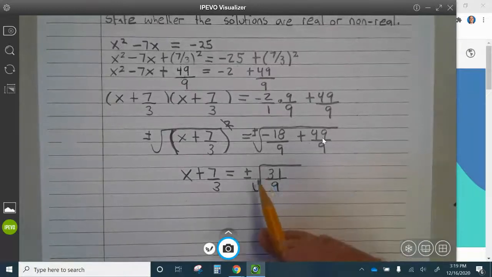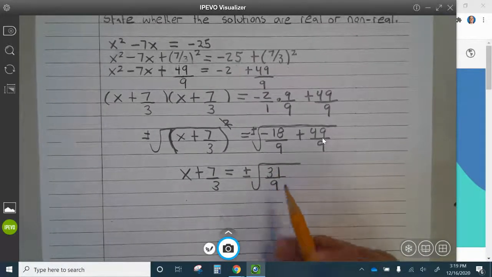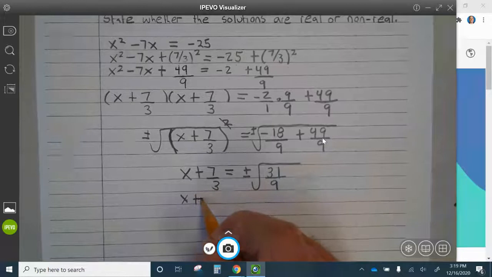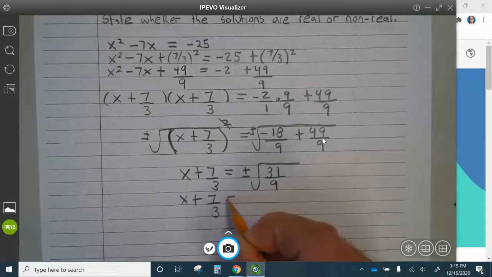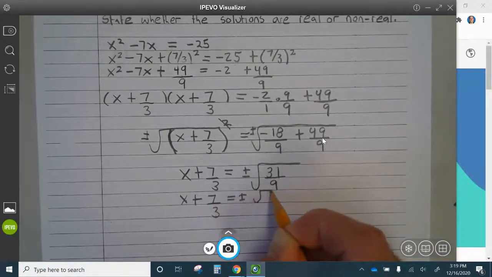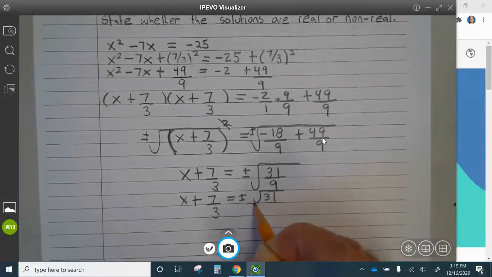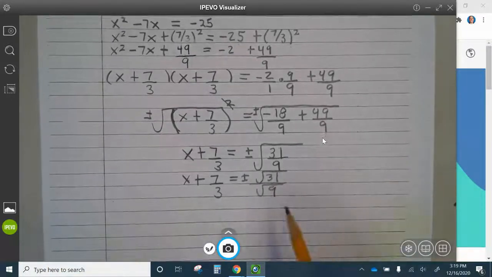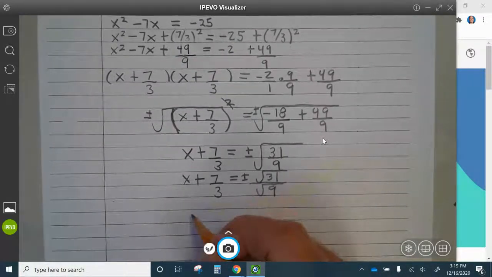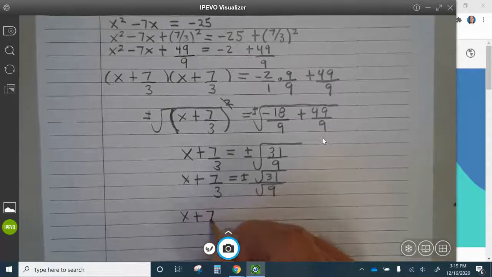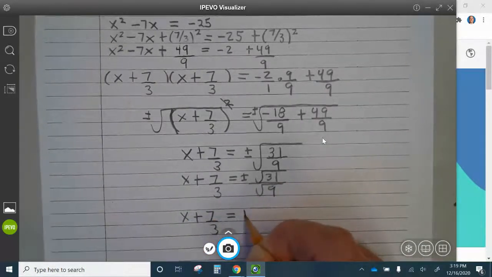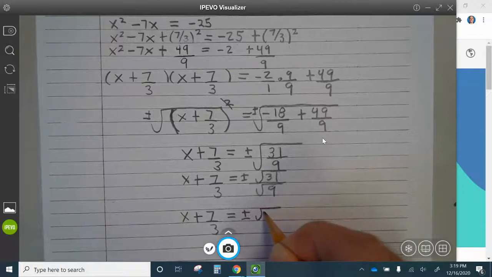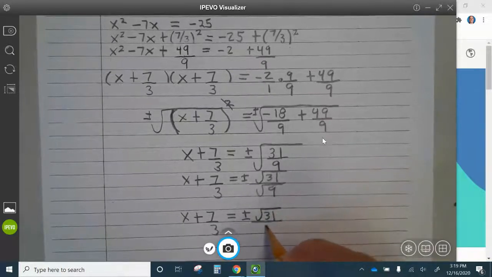Okay, now we can take the square root of the numerator and the denominator, so that's x plus 7 thirds equals plus or minus the square root of 31 divided by the square root of 9. Well, we can't take the square root of 31, but the square root of 9 is 3. So this is x plus 7 thirds equals plus or minus the square root of 31 divided by 3.